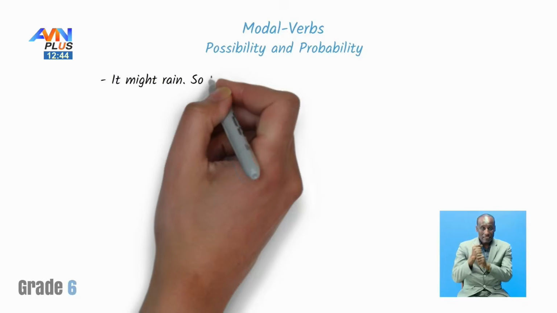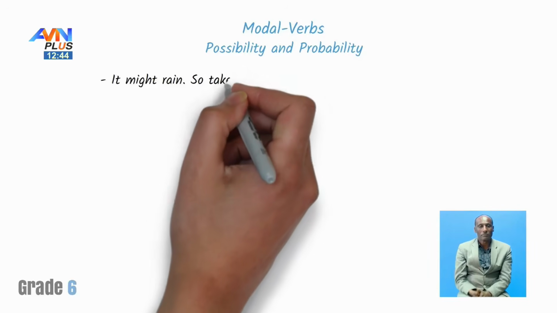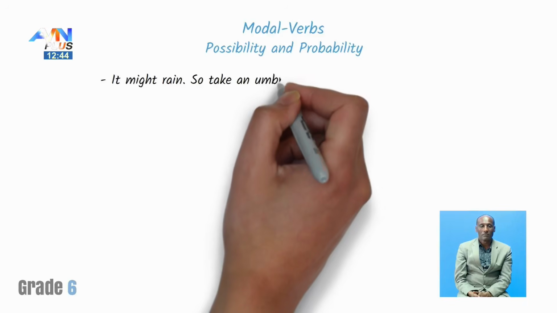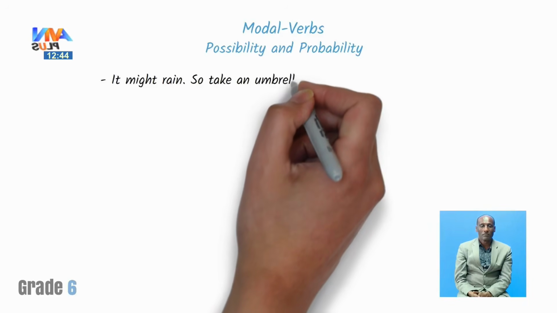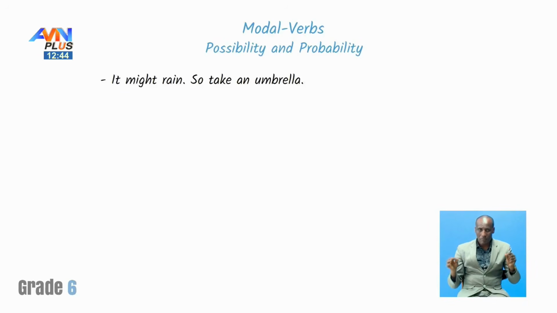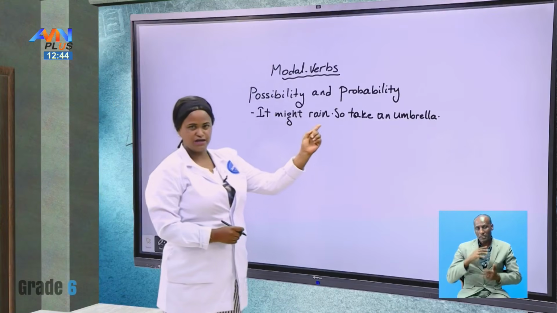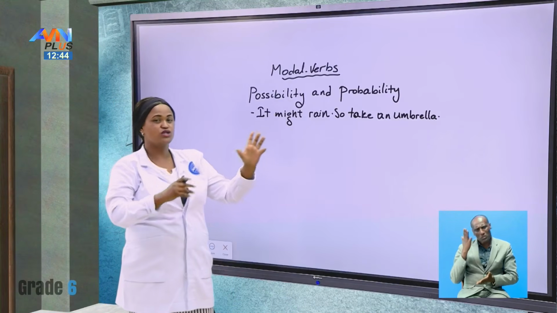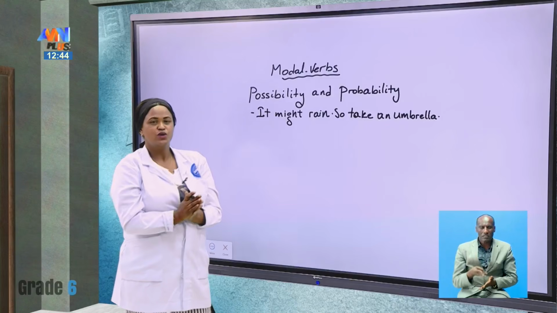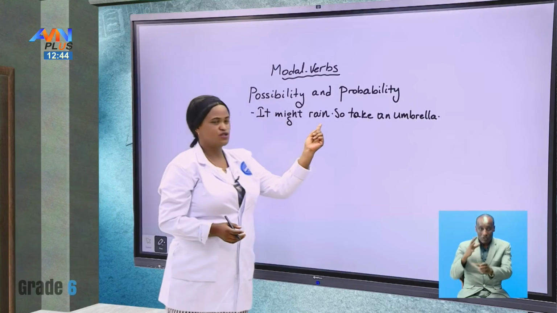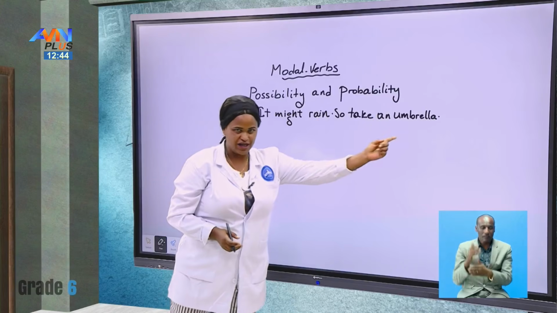It might rain, so take an umbrella. Look at this sentence. It might rain. Now we are talking about something which we believe or which there is a possibility in the future, right? It might rain, so take an umbrella.